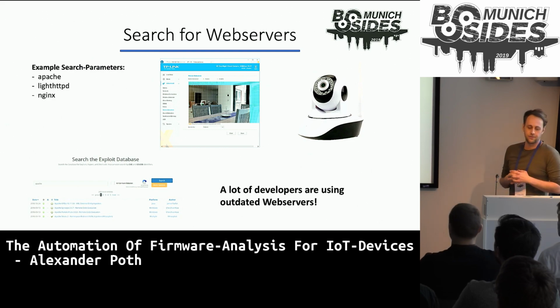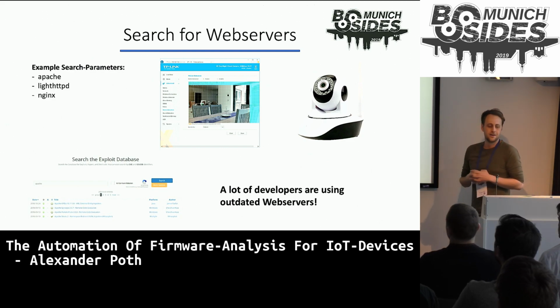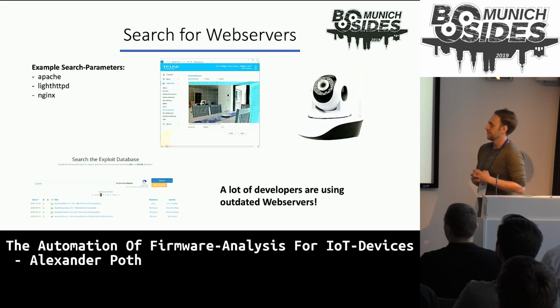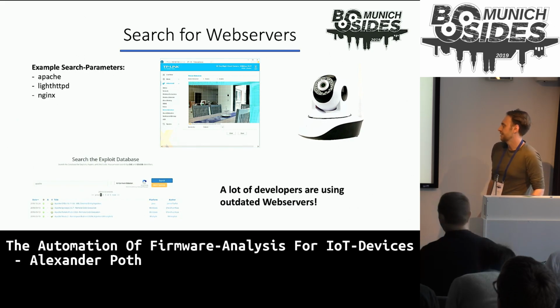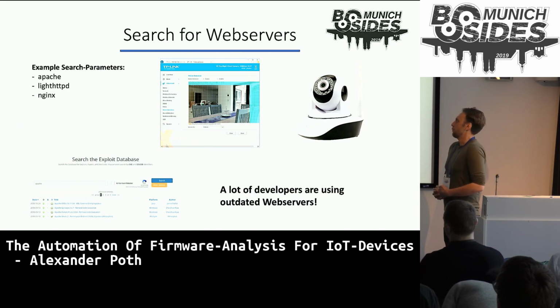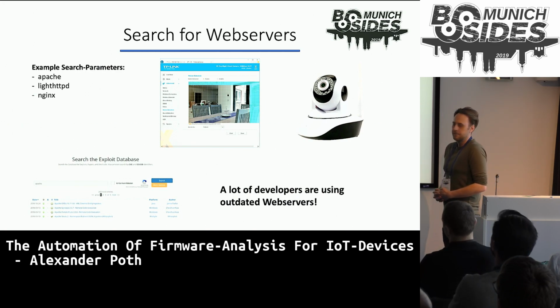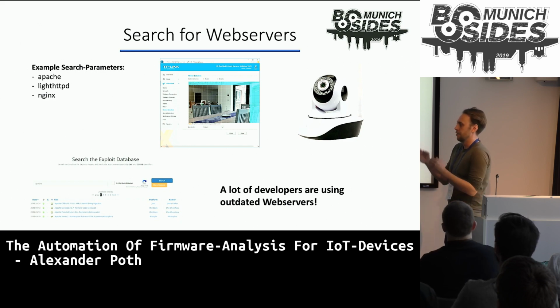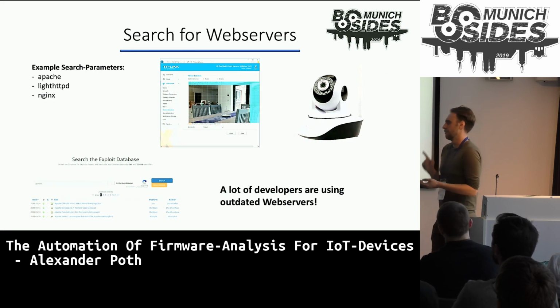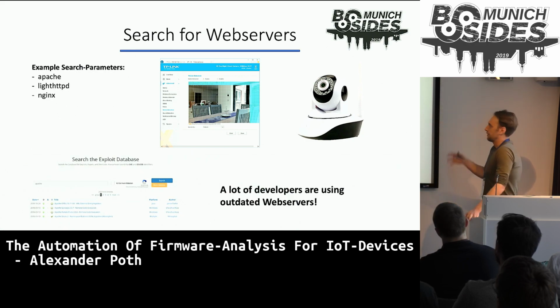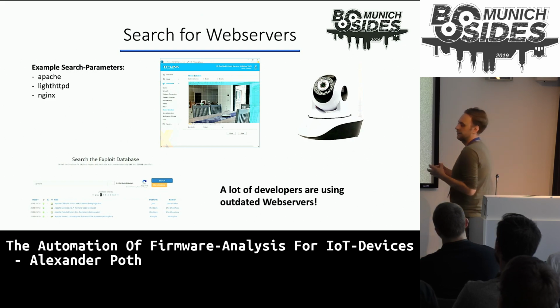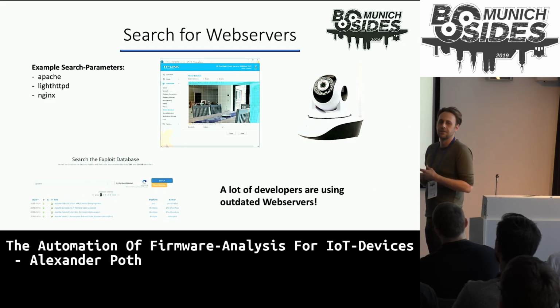Similar to this search for stored keys, the search for installed web servers is also very important. A lot of IoT devices have web servers running inside their binary, for example, so that a user can log in, do some configurations, watch camera streams, etc. And if we can extract these web servers, we can look what version it is, right?